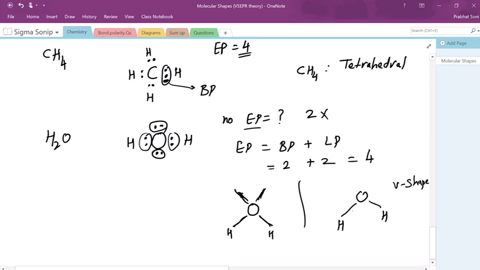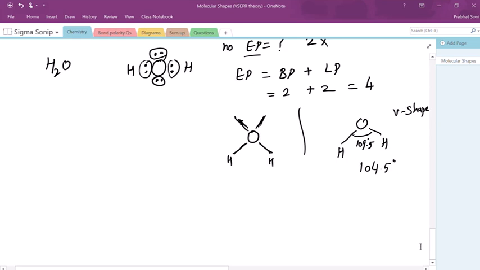You would expect the angle in the water molecule to be 109.5 degrees, but it is not. This angle is actually 104.5 degrees. So what explains this? Here we need to take into account the strength of repulsion between different kinds of pairs.